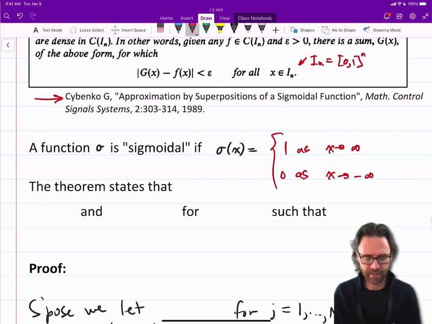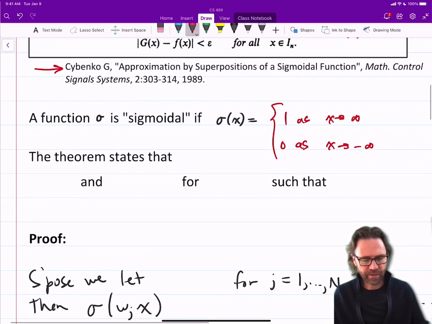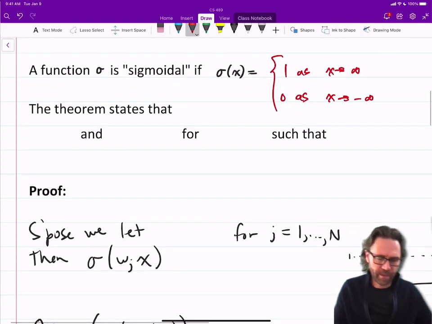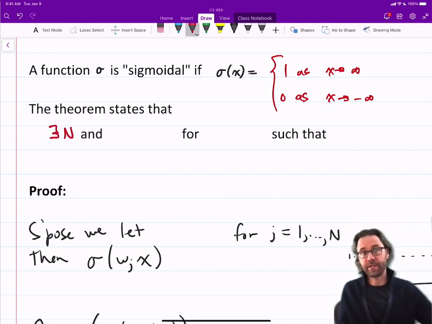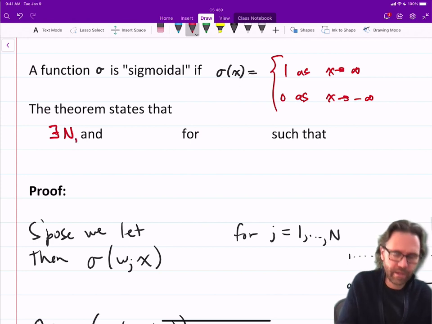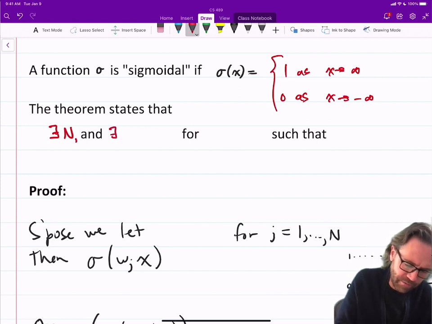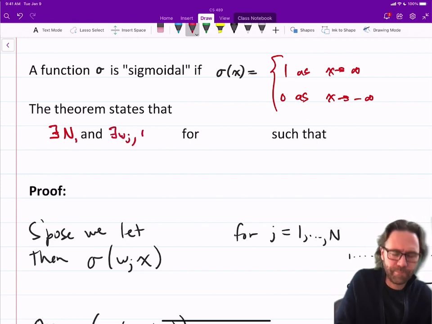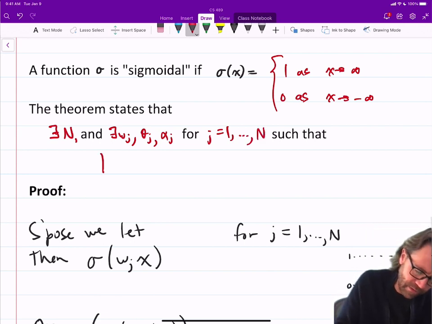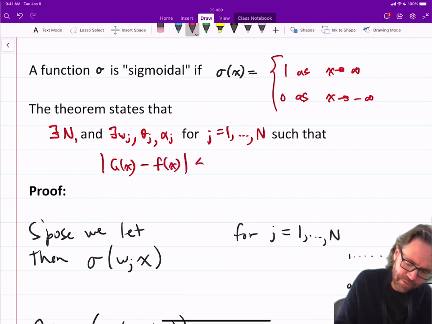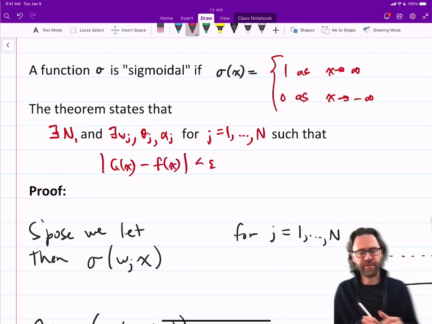So we'll use that in a minute. So the theorem states that there exists a big N, and this is basically the number of hidden nodes, and there exist weights wj, biases theta j, and weights alpha j for j equals 1 to big N, such that g of x is within epsilon of f of x.